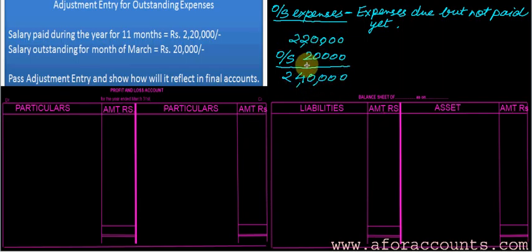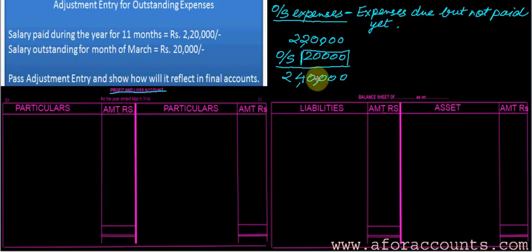If I don't write 20,000 here, what will happen to my profit and loss account? My net profit will be increased by 20,000, because this is the expense pertaining to the current year, but because I have not paid it, I am not accounting for it here. That is wrong.